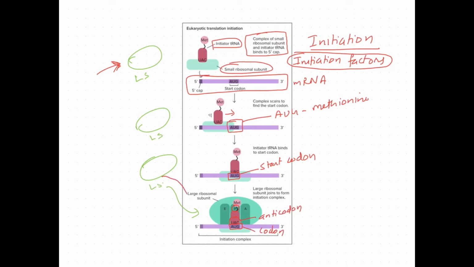Now the large subunit also comes and binds to the initiation complex with the help of GTP, which is nothing but an energy provider. A new tRNA can now be added to the A site. E site, P site, A site: three sites. A new tRNA can be added to the A site because there will be a codon here. Many tRNAs will come to this site, and only the tRNA carrying the proper anticodon for this codon can bind to it.